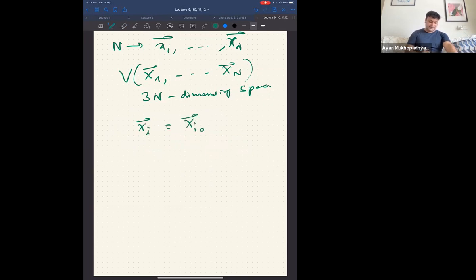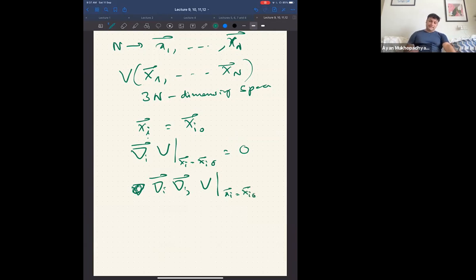Then grad_i V at x_i equals x_i naught is equal to 0, and then this matrix grad_i grad_j V at x_i equals x_i naught has positive eigenvalues. So that's the assumption that we're taking. It means that it is a stable minimum.